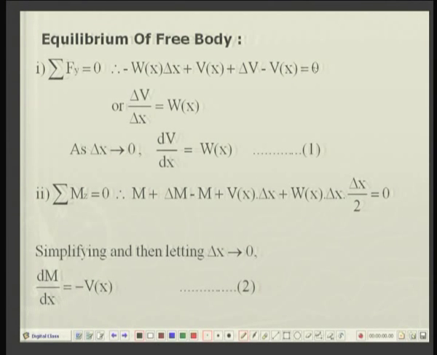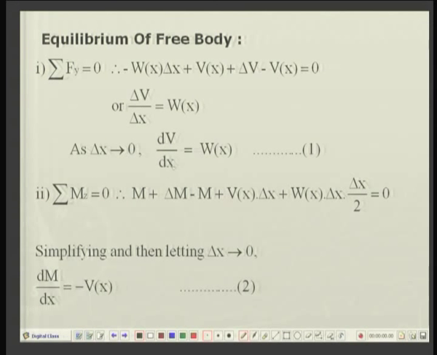Now, Vx and Vx will cancel out. You can easily see, if I divide both sides by delta x, delta V by delta x is equal to Wx, and since the segment is infinitesimally small, as delta x goes to 0 this quotient becomes the derivative.